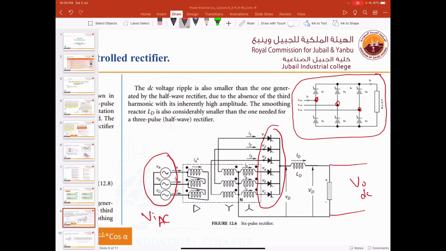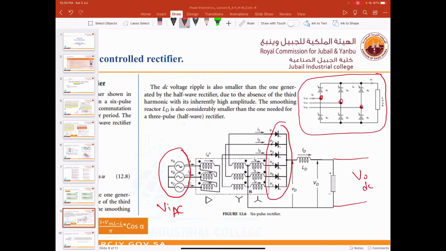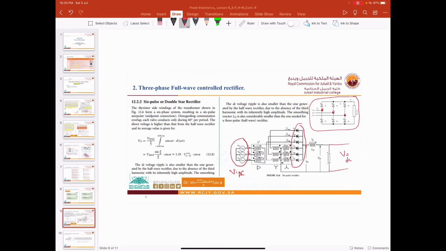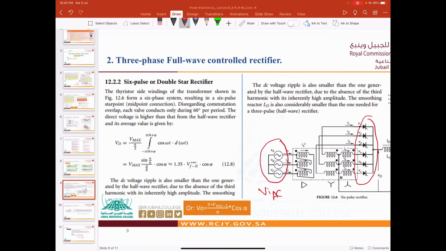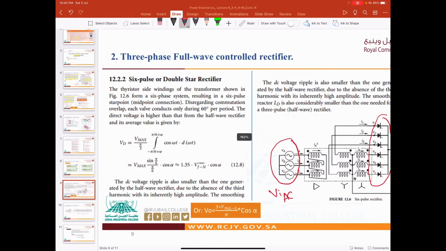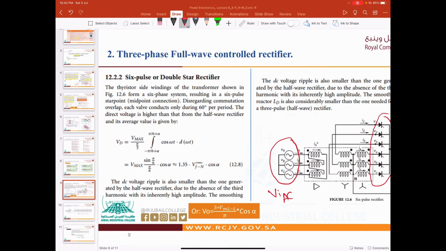And then of course in one cycle we will have 2 diodes working together, like the one we had before for the uncontrolled rectifier. At each 60 degrees we will have 2 diodes, and at each 30 degrees, like the uncontrolled rectifier, we have 1 pulse.